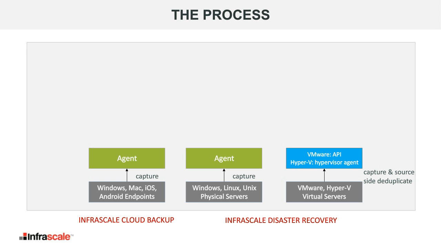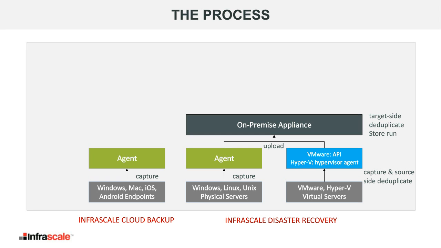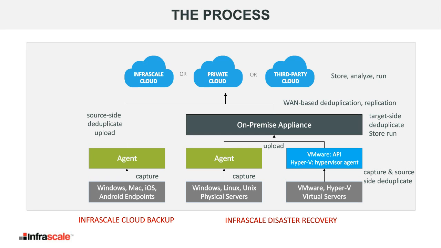So in either case here, we have a software agent installed on the machine, or in the case of virtual environments, with VMware, it would be a direct connection to their API, or in the case of, say, Hyper-V, it'd be a host level or hypervisor level agent.